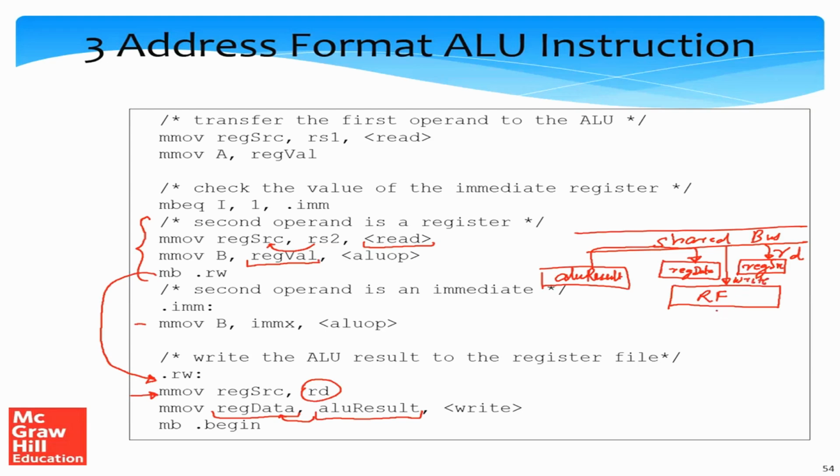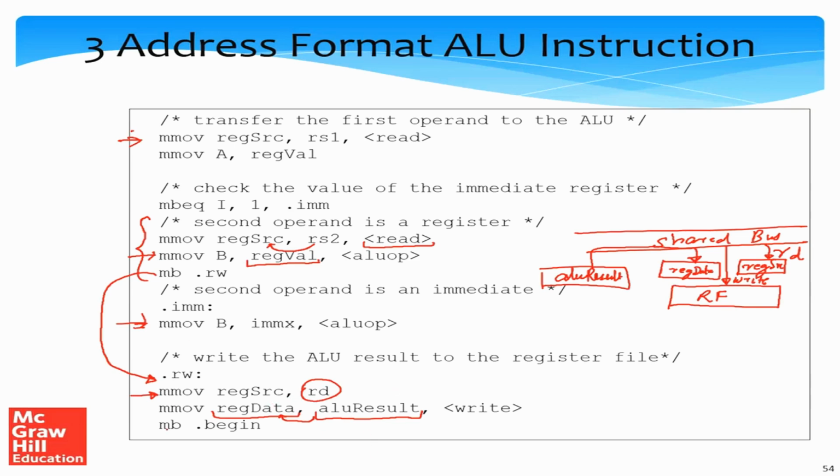So in this manner, we first read data from the register file in these statements, or we read the immediate, with this statement and this statement, or we read the immediate over here. We perform the ALU operation and then we write the result of the ALU operation back to the register file.